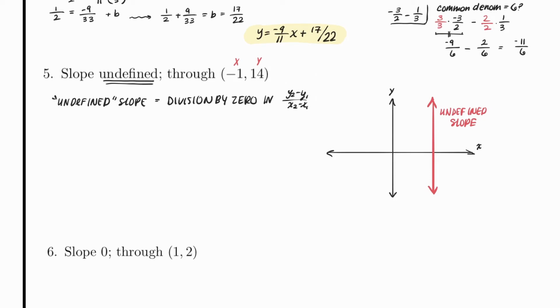So the equation for this line is going to be x equals -1. In reality, it will not look like the graph that I just drew. Instead, it'll look something like this, where right here is x equals -1.